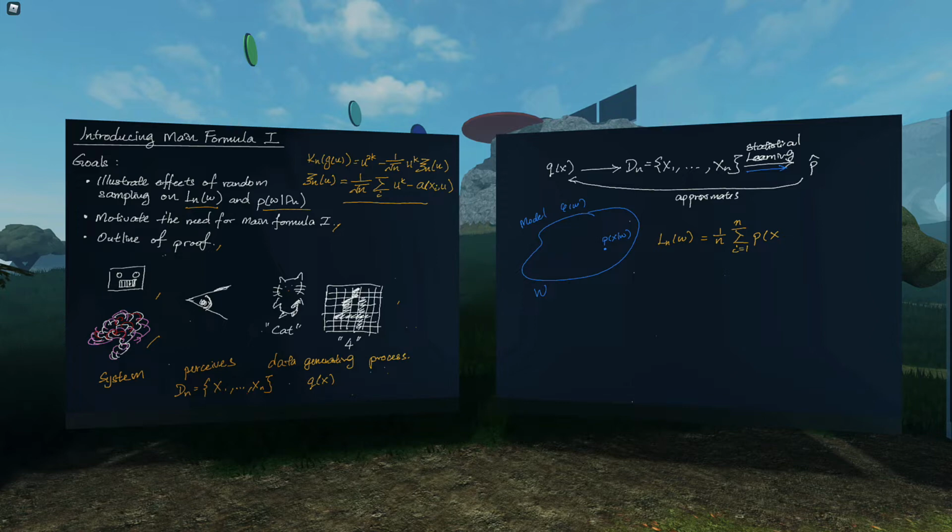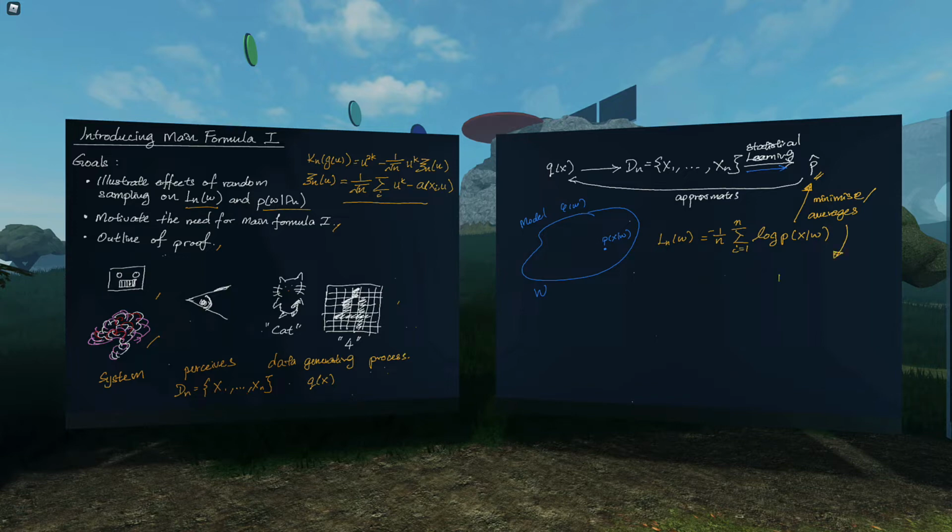There are some ways that we can get from the log loss function to p hat, our goal, say via minimization or taking averages. Minimization gives the maximum likelihood estimate, and taking averages gives the Bayesian predictive model.